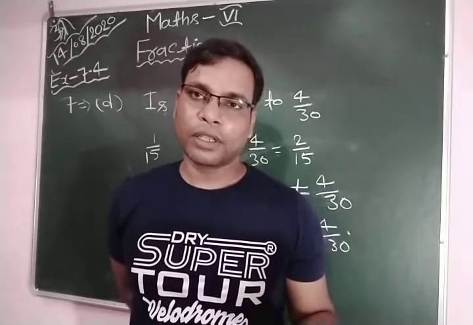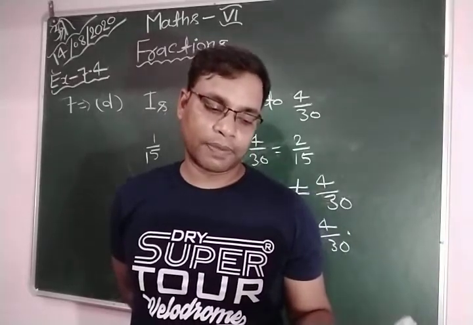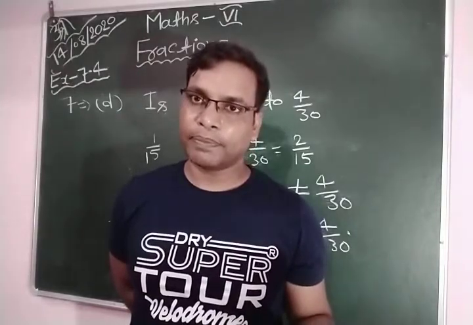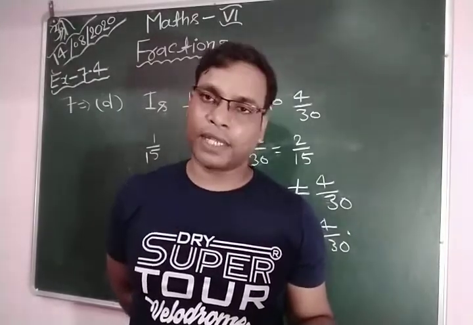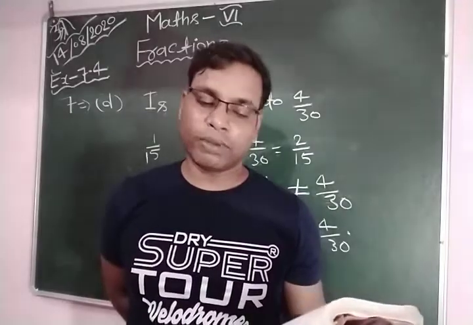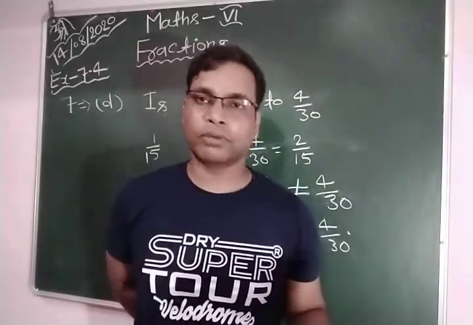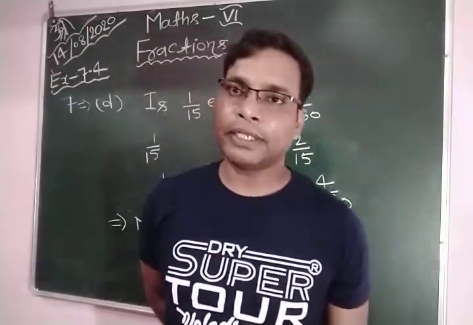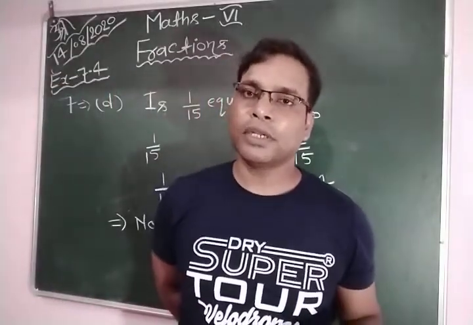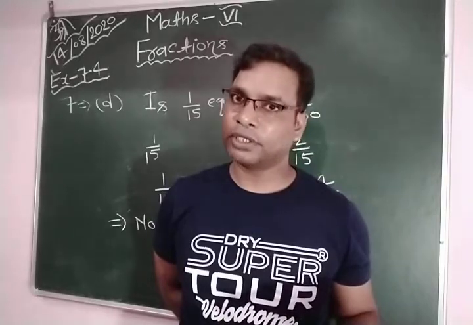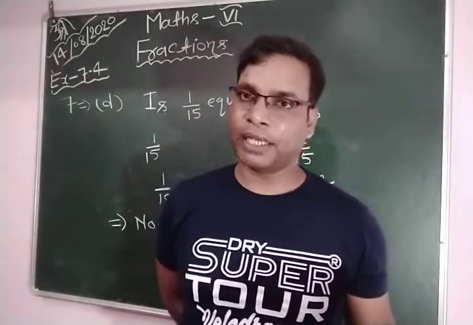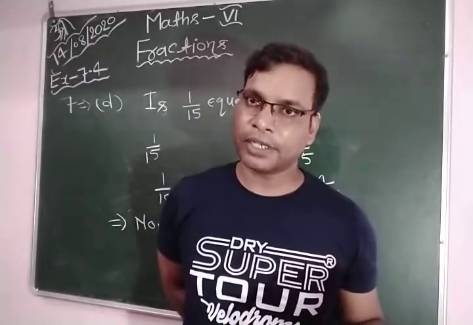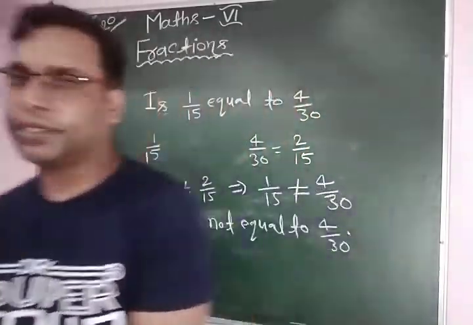So here Ila read 25 pages of the 100-page book, and Lalita read 2 by 5 of the same book. Of the same book means the book has 100 pages. So we need to find who read fewer pages. Okay, let's see how to do it.